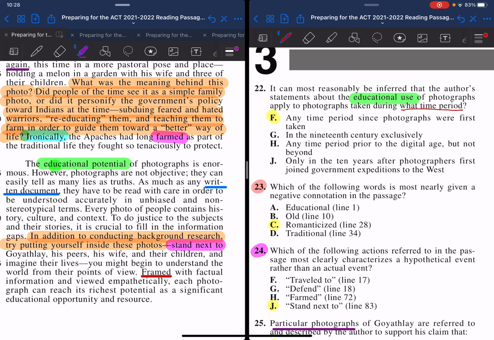Now, important that these two phrases are right next to each other and in the same sentence. They traveled to Washington, D.C. to defend tribal treaty rights. Well, it's almost impossible that one of these can be true, but the other one can be a hypothetical. So right off the bat, we can pretty much eliminate those two.